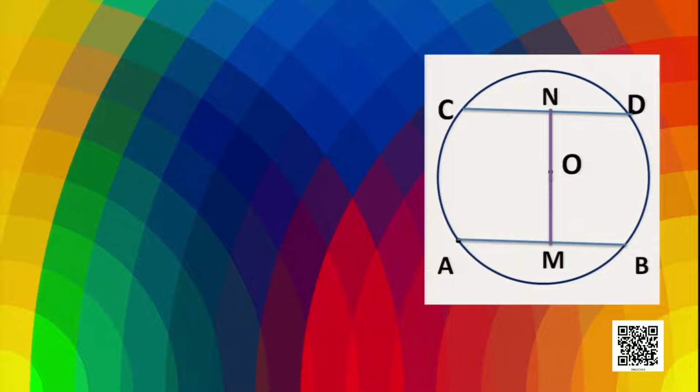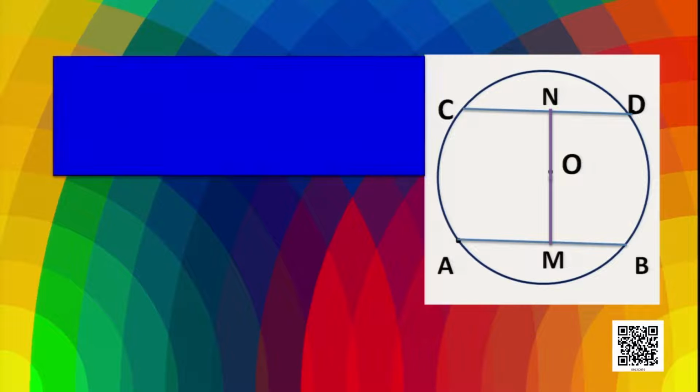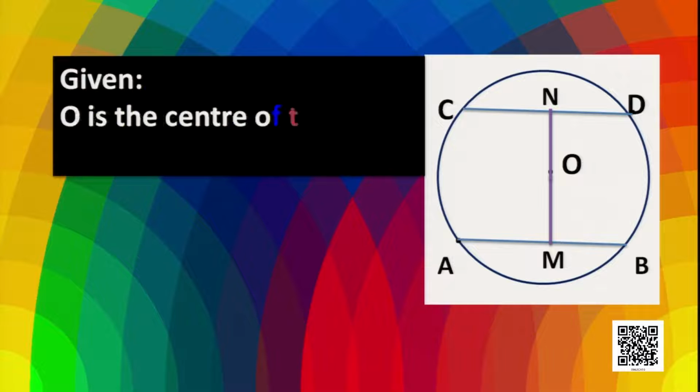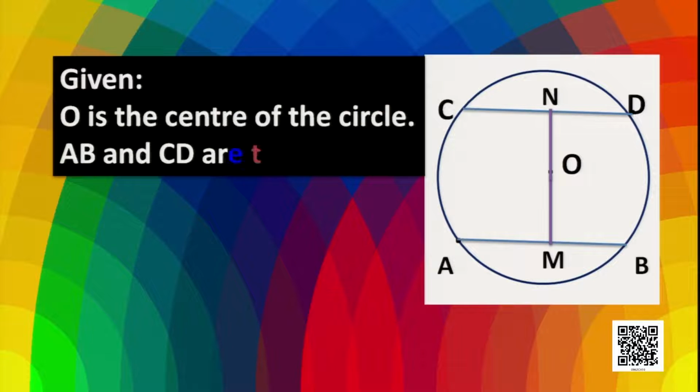But here the given part is they are equidistant, meaning OM and ON are equal. Then we have to prove AB and CD to be equal. So what to write? Let's see. Given part: O is the center of the circle, AB and CD are two chords. In the previous one, it was written AB and CD are two equal chords, but here they are only chords.